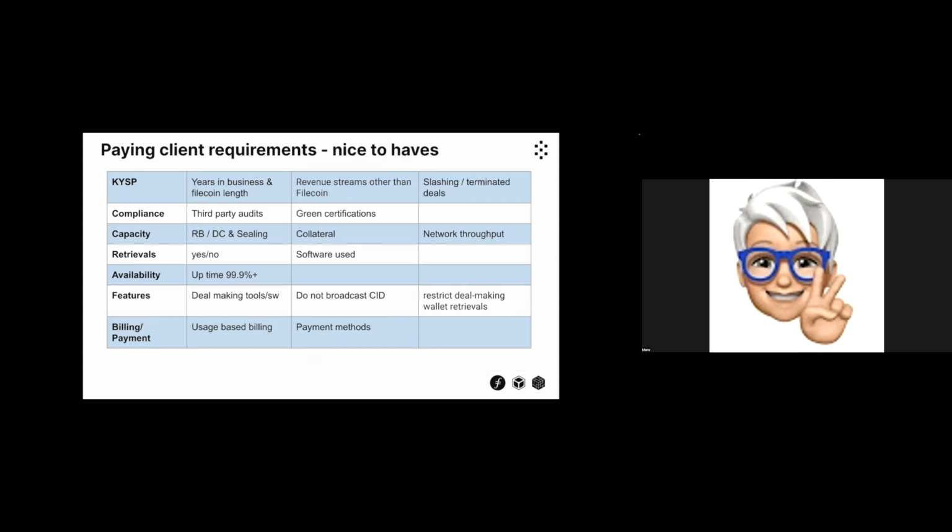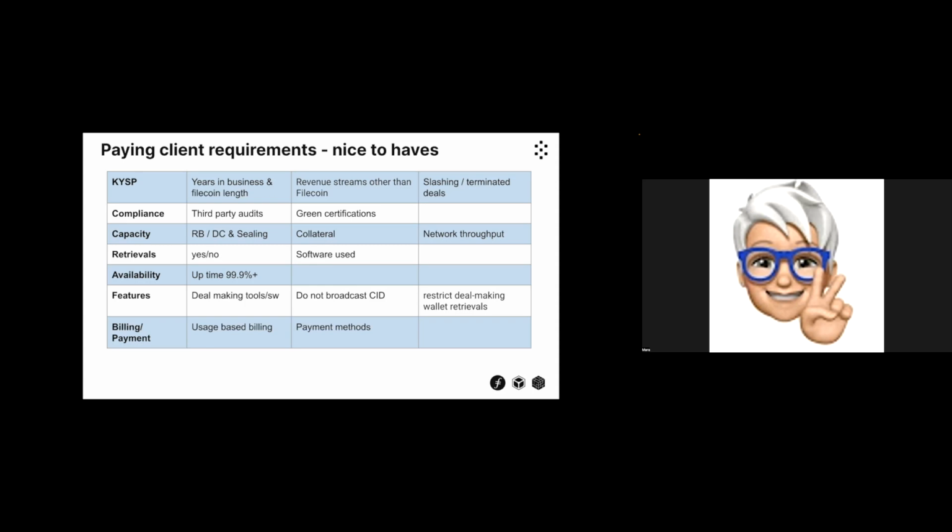Then the nice to haves, some of this we can get off chain and present to the customer, which makes it a heck of a lot easier, like years in business, how long you've been in Filecoin. One of the things is revenue streams other than Filecoin, and why does somebody care about that, is as they're putting their data with an SP, they want to know sort of the stability.